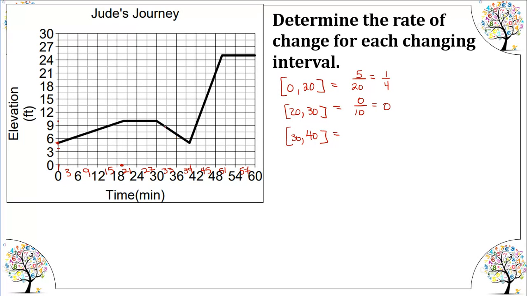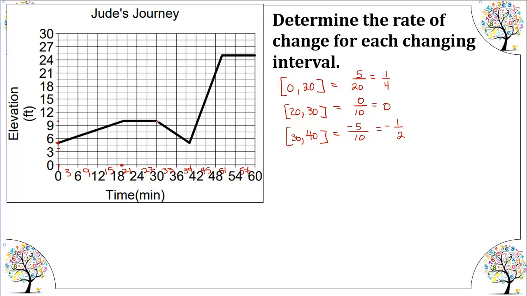So from 30 to 40, he is going, this was 10, and then he's going back to 5. So he's going down from 10 back to 5, his starting point. So from 10 to 5, that's negative, and the negative just means he's going downhill over 10. So that is a rate of change of -1/2.